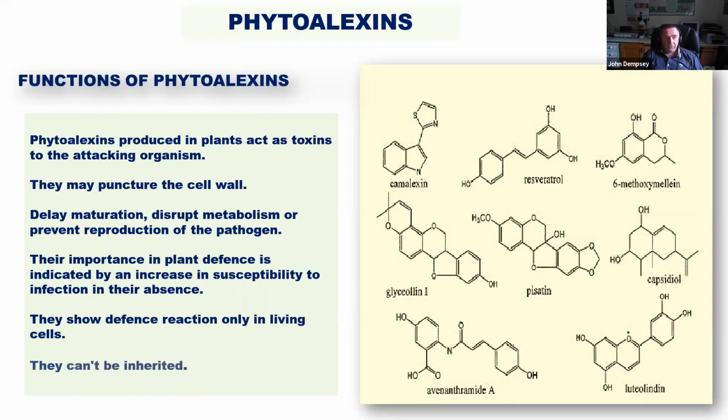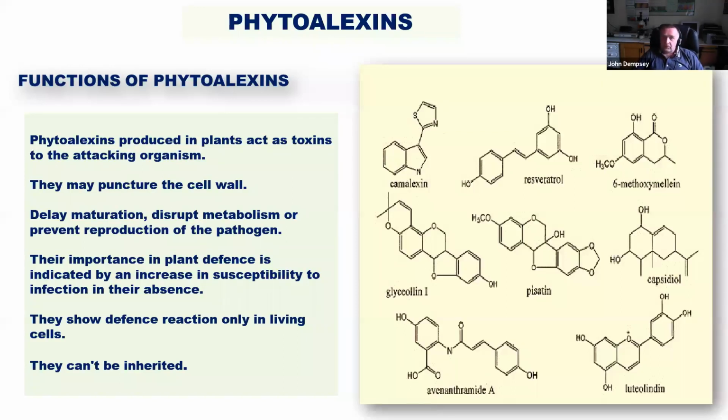I have to say they can't be inherited, so you can't breed plants with these phytoalexins in place, unfortunately. They have to occur during infection. Another thing I must say is that phytoalexin is pretty much a generic term, because each plant species seems to produce its own form of these antimicrobial compounds.